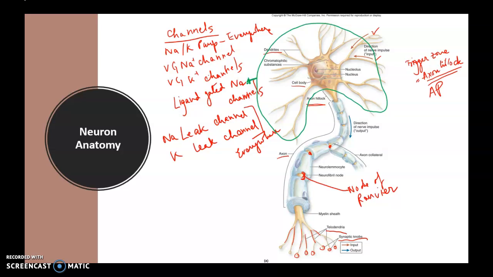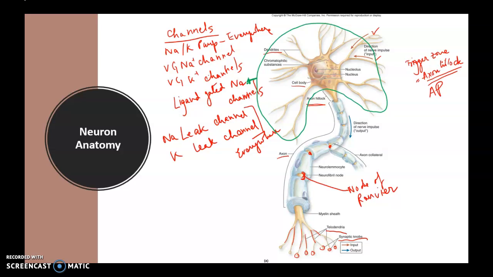All right. Axon hillock will have voltage-gated sodium and potassium channels. And the axon will also have voltage-gated sodium and potassium channels. So starting from the axon hillock all the way down, we will have voltage-gated sodium and potassium channels.